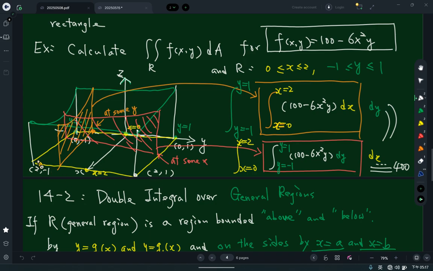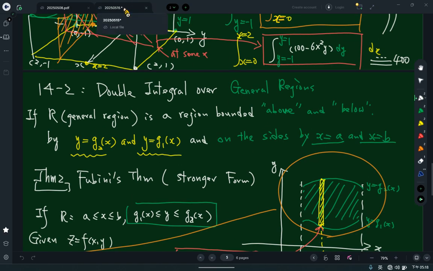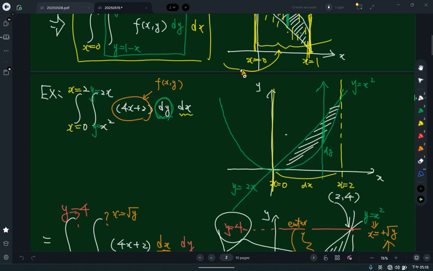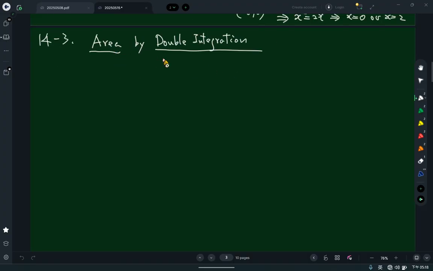Based on this region and based on this surface, this integration is talking about the volume under this function, under this constraint for the region. But can we use the double integration to calculate area? That's the topic which we want to focus on in this session.